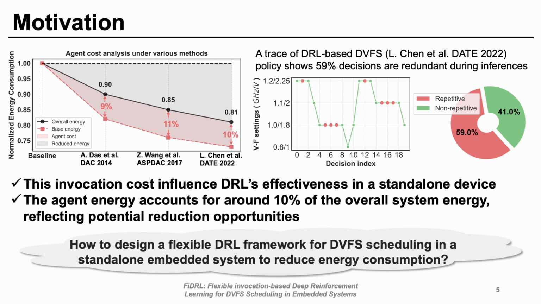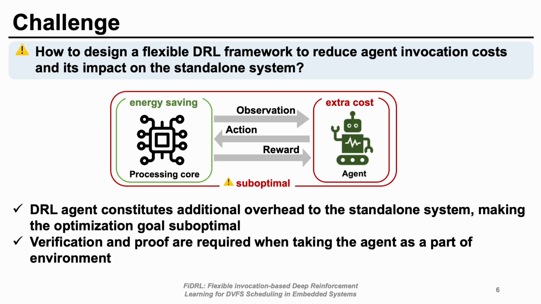So we ask how to design a flexible, agent invocation cost-aware DRL framework and use it for DVFS scheduling in the embedded system to reduce its energy consumption. To solve this question, the first and main challenge is how to design such a flexible DRL and reduce the invocation cost to the whole system, because the actual cost of the agent makes the whole system suboptimal.